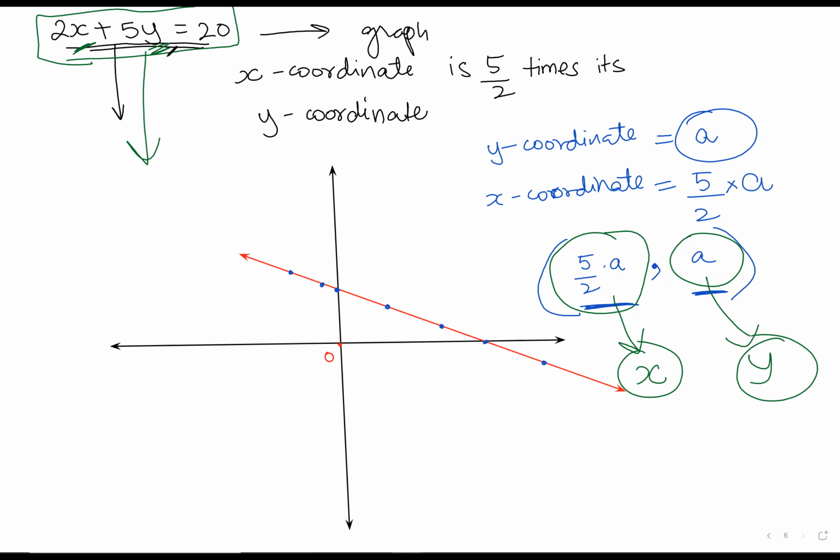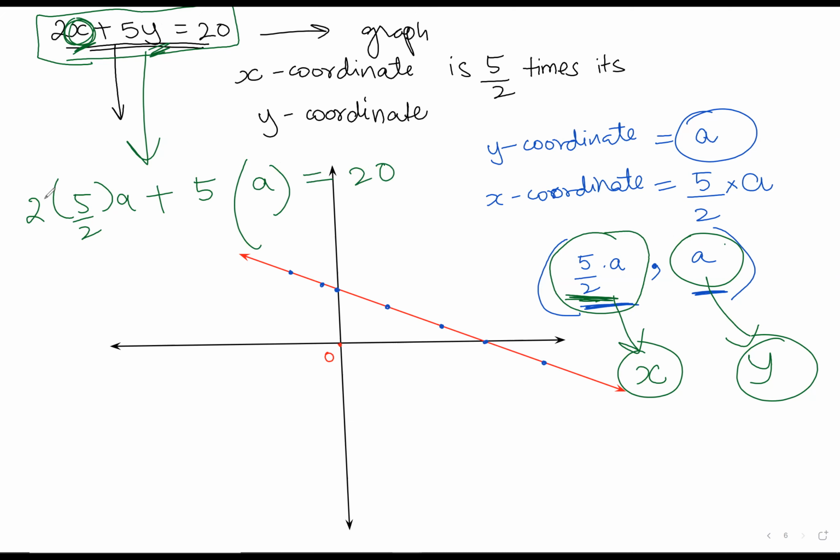So we have 2 times 5 by 2a, because that is what my x is, plus, because there's a plus in between, 5 times y, and that y is a. So 5 times a is equal to 20.